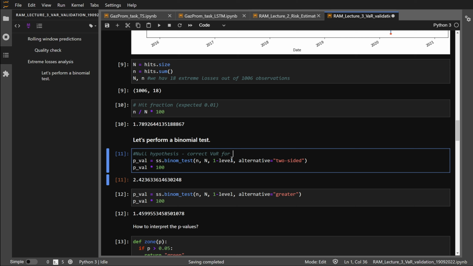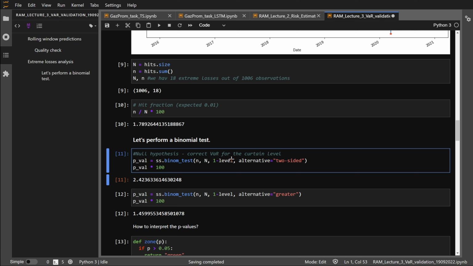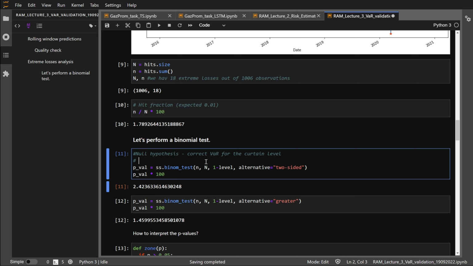And from this distribution, I can specify a critical zone in order to be able to test the alternative hypothesis. And the alternative hypothesis I can formulate in the two following ways. I can formulate a two-sided hypothesis and say that the actual probability of hitting the value at risk estimates produced by my model is any different from 1%.